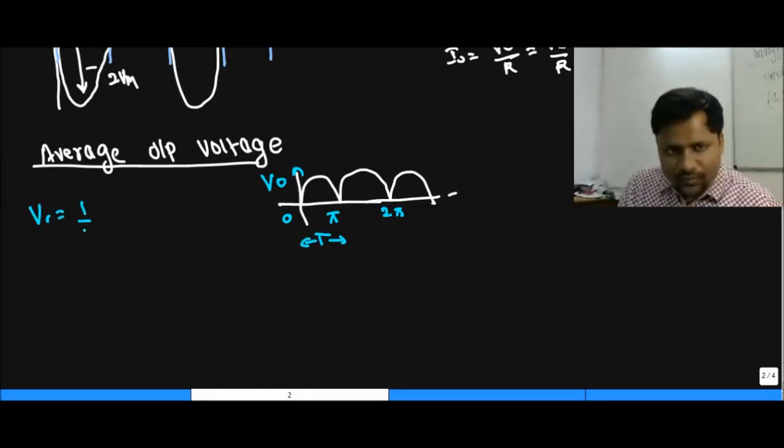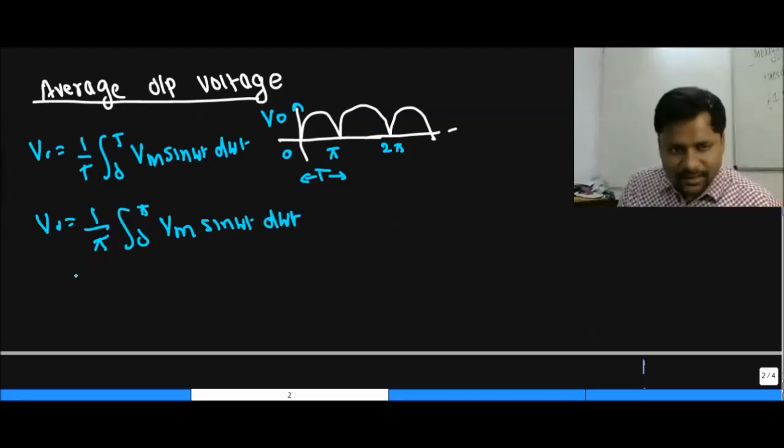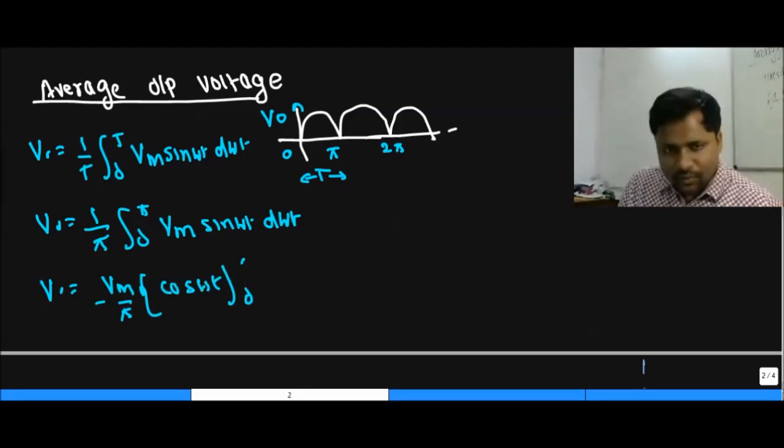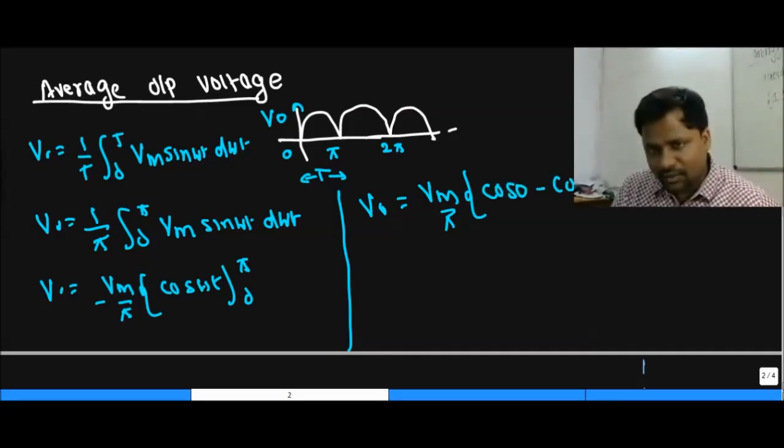So V0 equals 1 upon T, integral from 0 to T, Vm sin omega T, d omega T. V0 equals 1 upon pi, integral from 0 to pi, Vm sin omega T, d omega T. You can say that V0 equals Vm upon pi, the integration of sin omega T equals minus cos omega T. If I solve this, V0 equals Vm upon pi, taking the negative sign inside the bracket, it should be cos 0 minus cos pi.